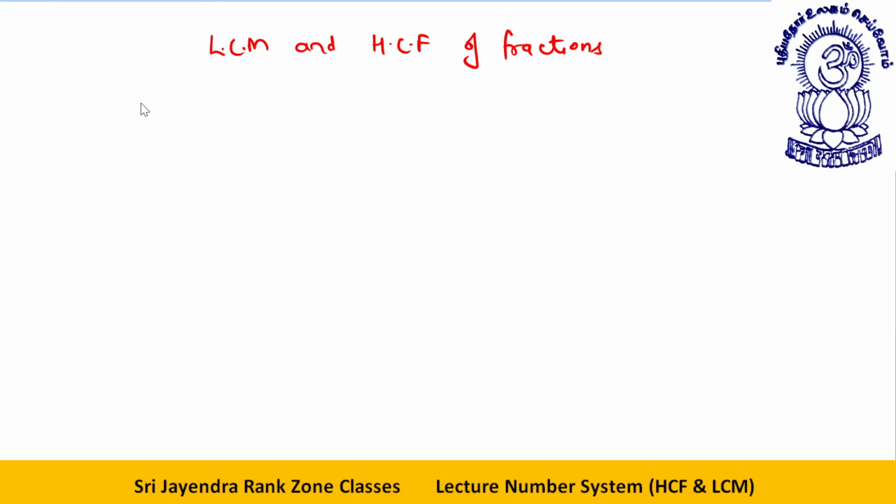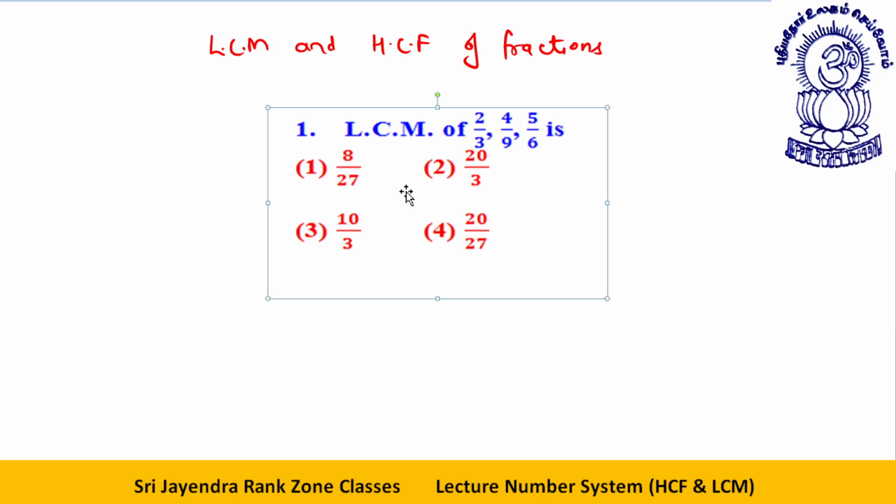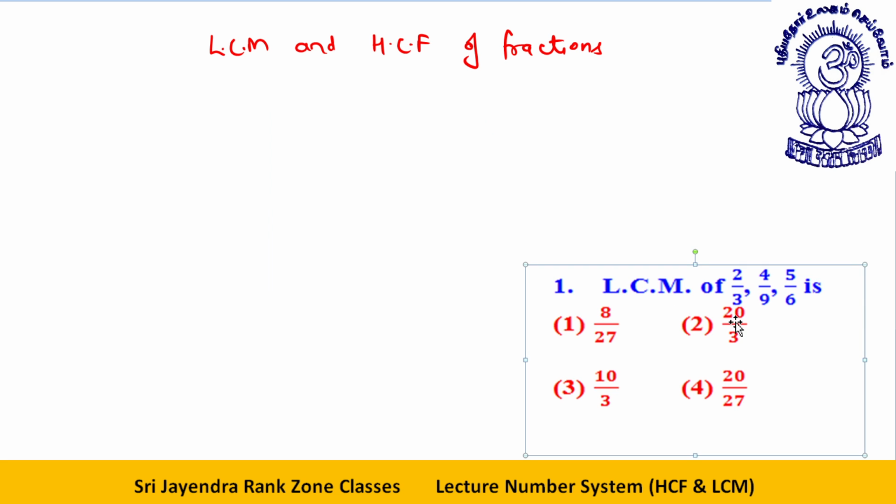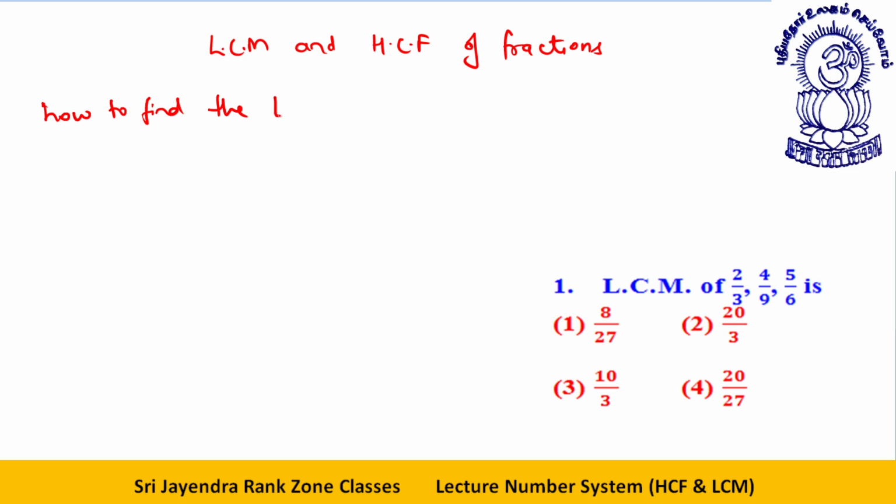Okay, this is the first question for today. Find the LCM of this. How do we find the LCM and HCF of fractions? How to find the LCM of fractions? Suppose there are these types of fractions.